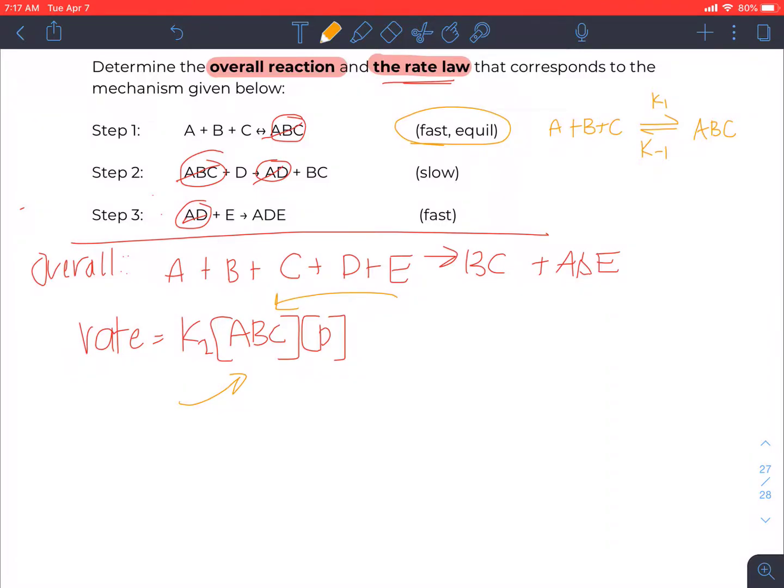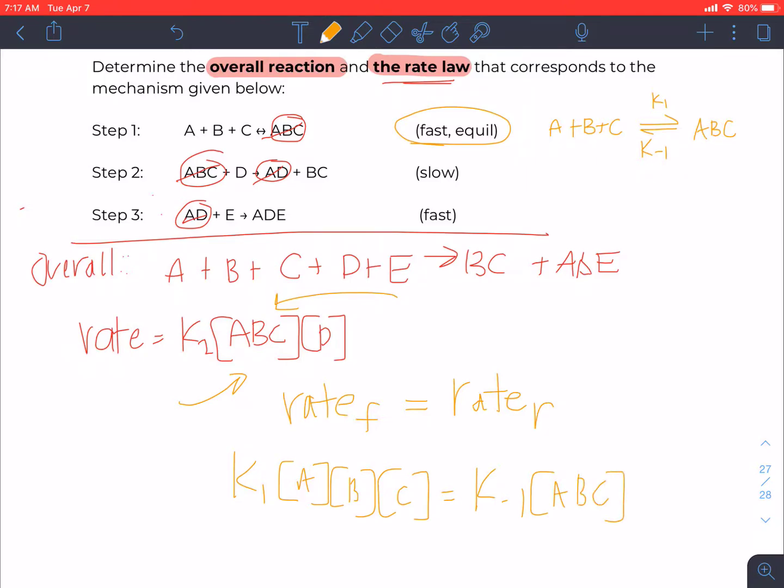Now, because of the last section with equilibrium, we know that the rate of the forward reaction equals the rate of the reverse. And so we can use our fast equilibrium step and write two rate laws that are set equal to each other. First one is K1 if we're going in the forward direction, and that's equal to the reverse, which is K to the negative 1, ABC.